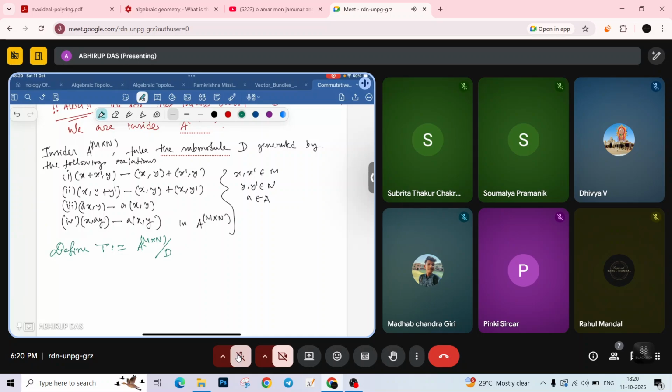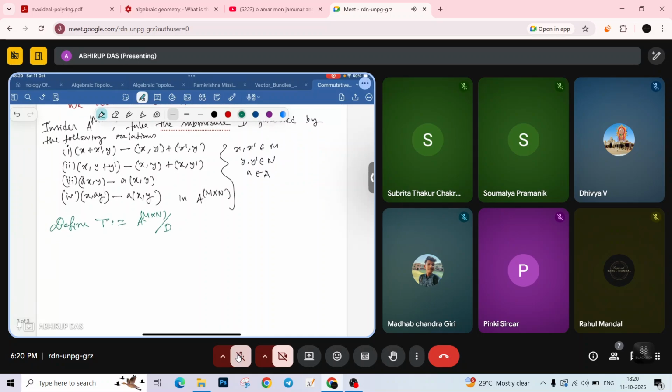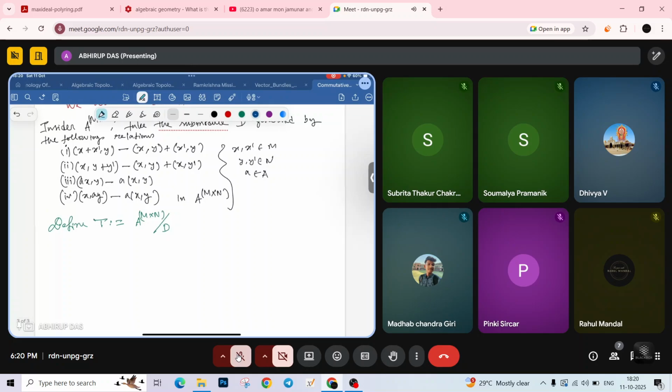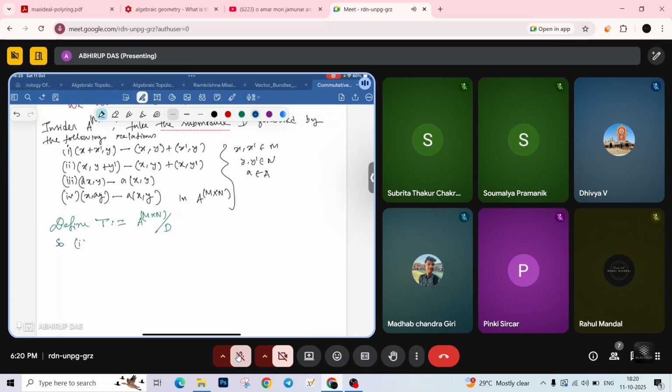Because one bar, that is zero in D. Similarly, two bar, zero.